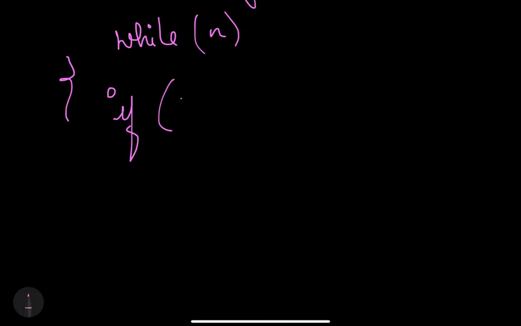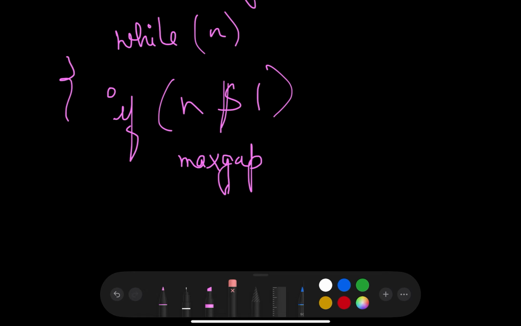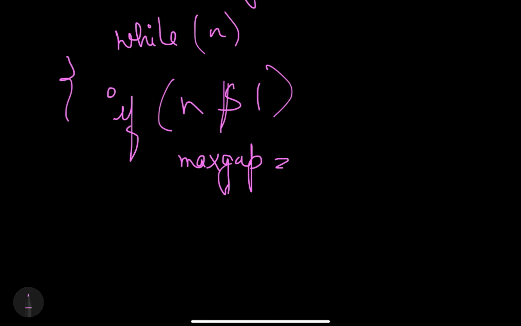We'll check if the bit is 1, then we'll update our maximum gap with the max of maximum gap and current gap.